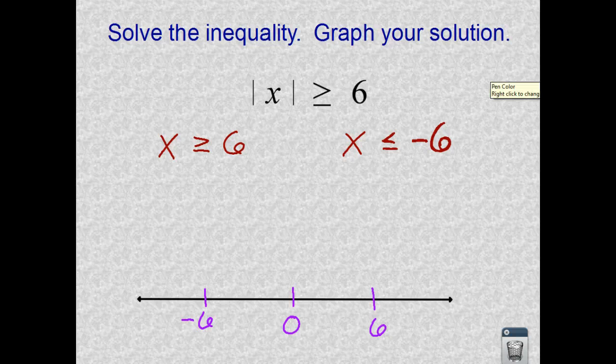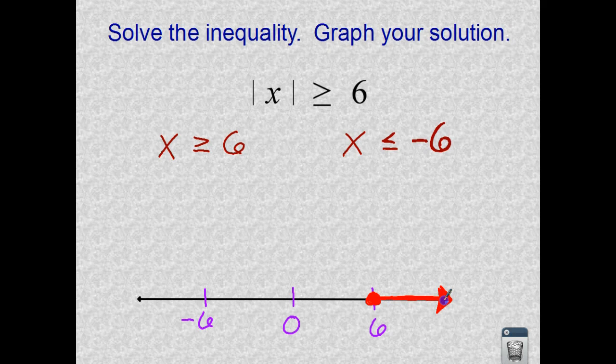We look at our symbol and ask ourselves, should it be an open circle or a closed circle on these values? And we've learned that if it has an equal sign, it's including those values. So we know that we include 6, it will work. And we will be shading to the right, so it's greater than 6.